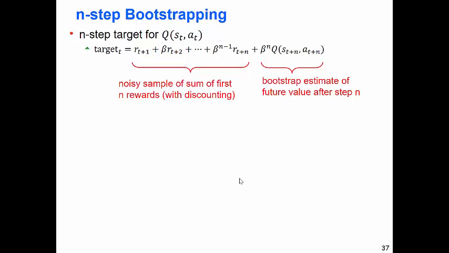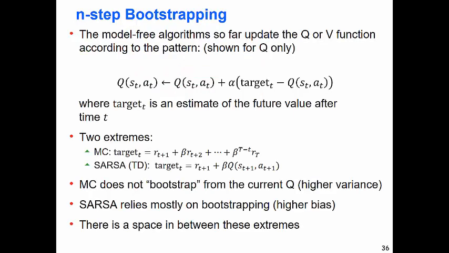Any ideas? Where does the variance come from up here? And why does this have a high variance?